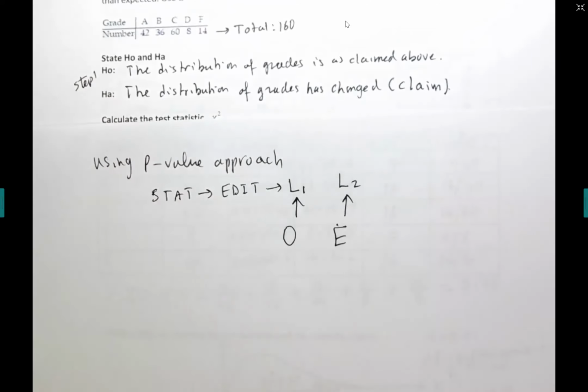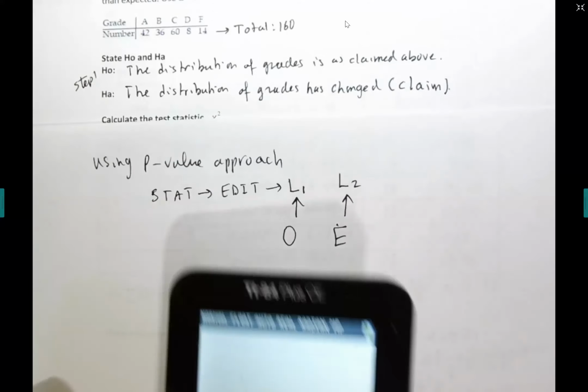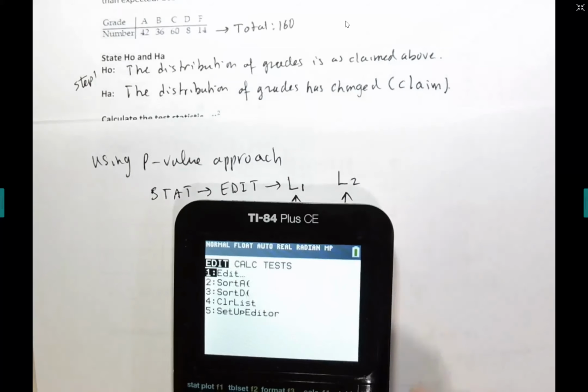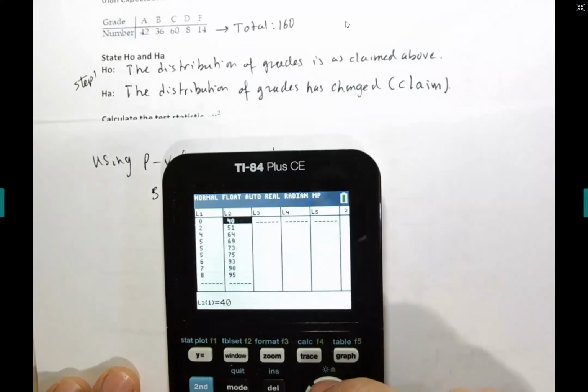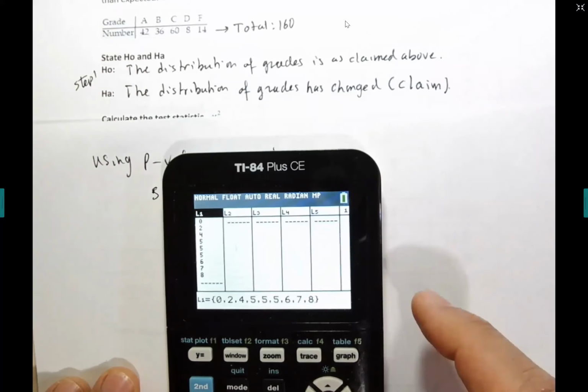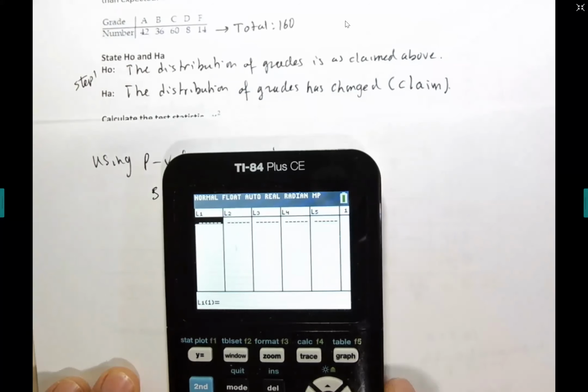Okay, so let's do that. I already have the observed. Before you do that, let's clear the lists, guys. So I'm gonna hit clear, enter. And then I'm gonna go here and hit clear and then enter.